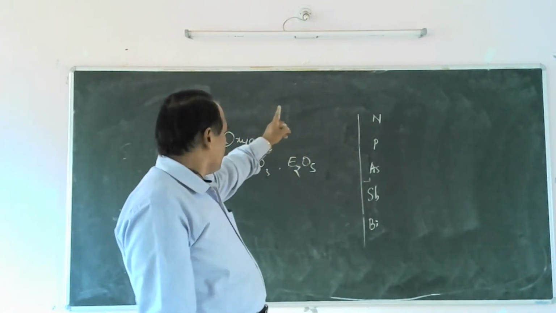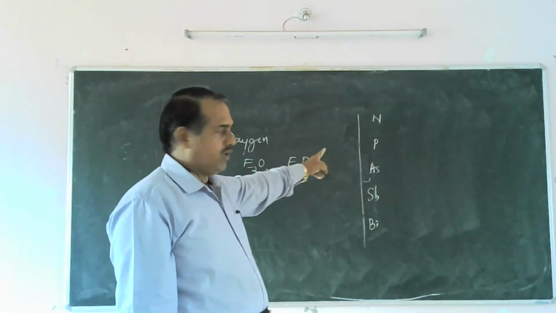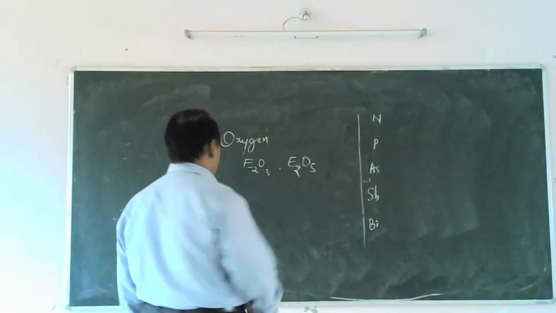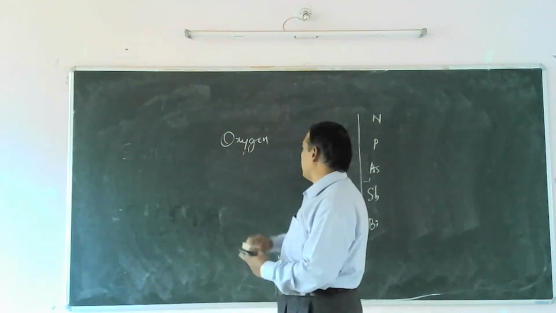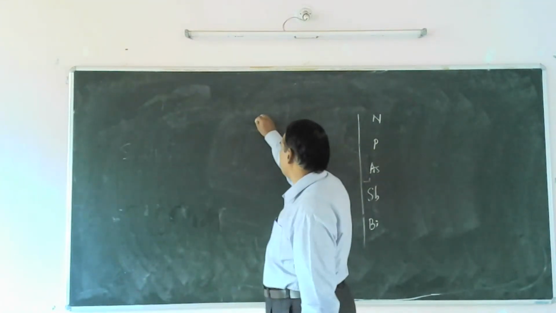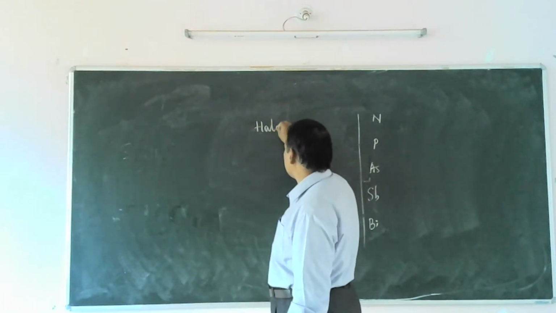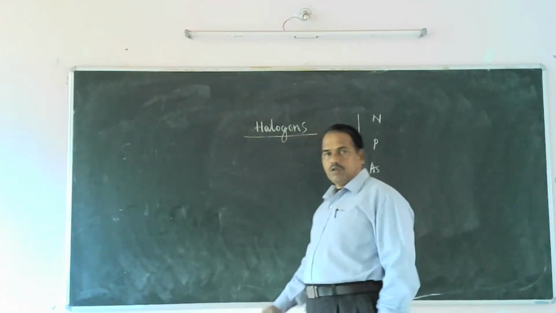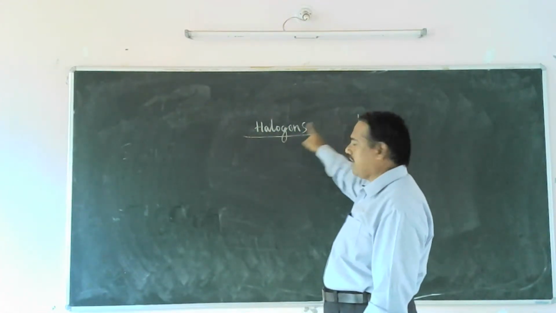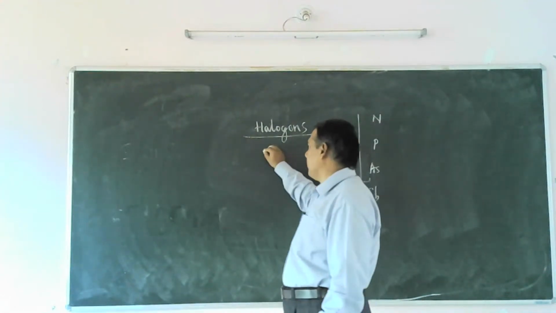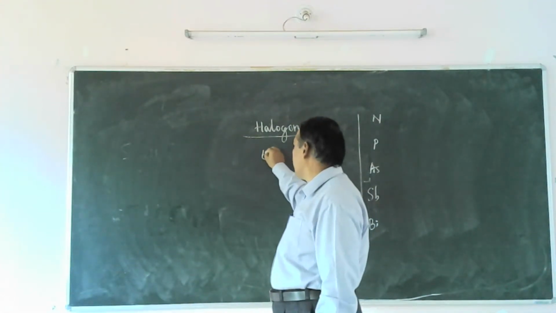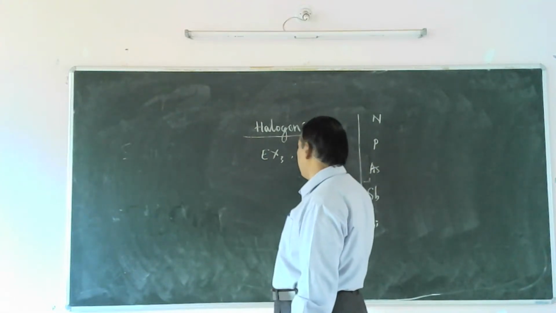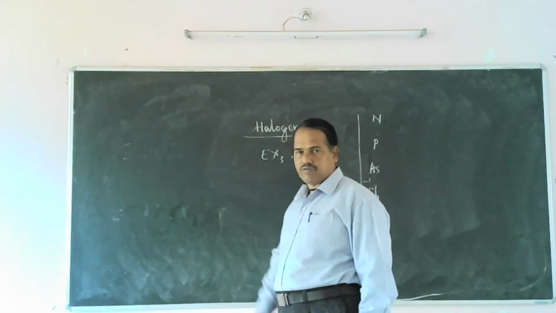So this is the reactivity of group 15 with oxygen. Okay, we shall study next the reaction with halogens. These group 15 elements react with halogens and form EX3 and EX5 types of halides.